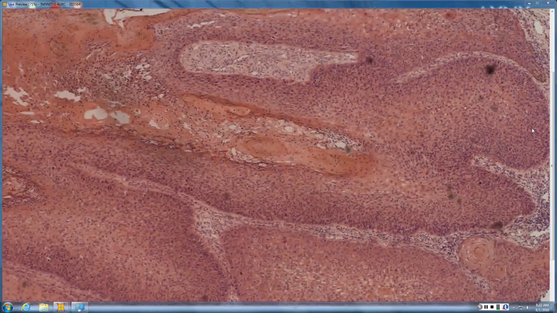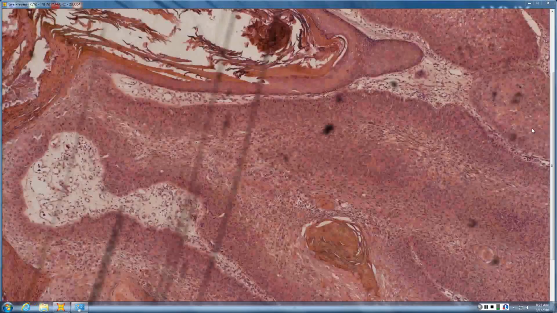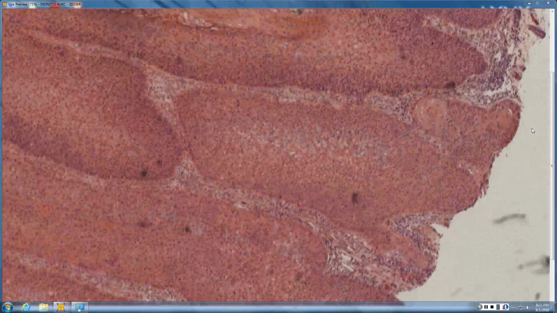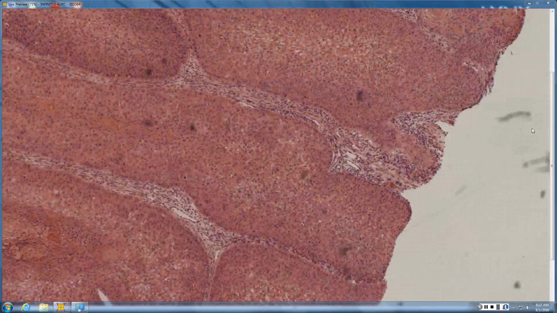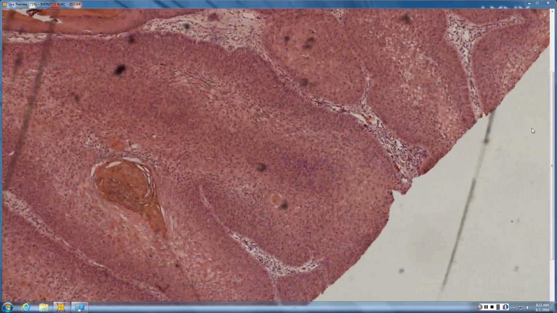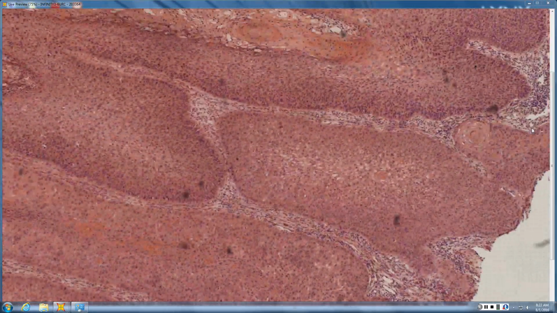Yep. So there is a lot of acanthosis. A significant amount of keratinization in the stratum corneum. And here we're seeing, I think there's some atypia within the epidermis.